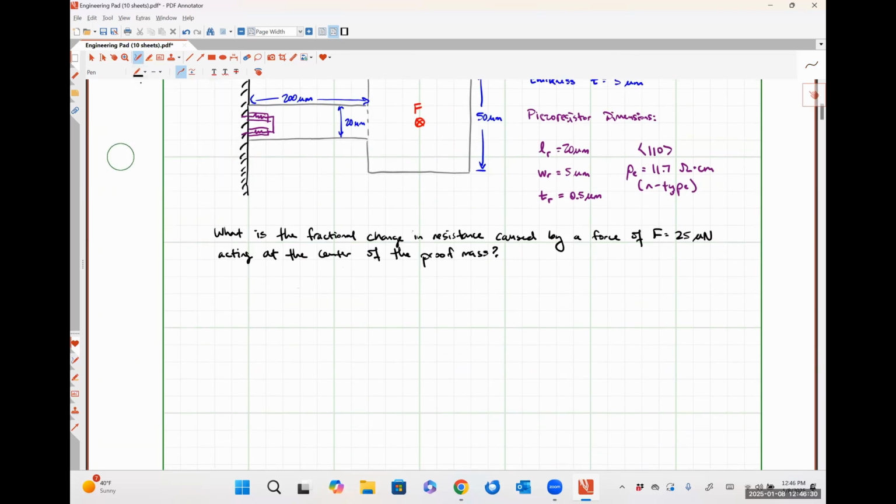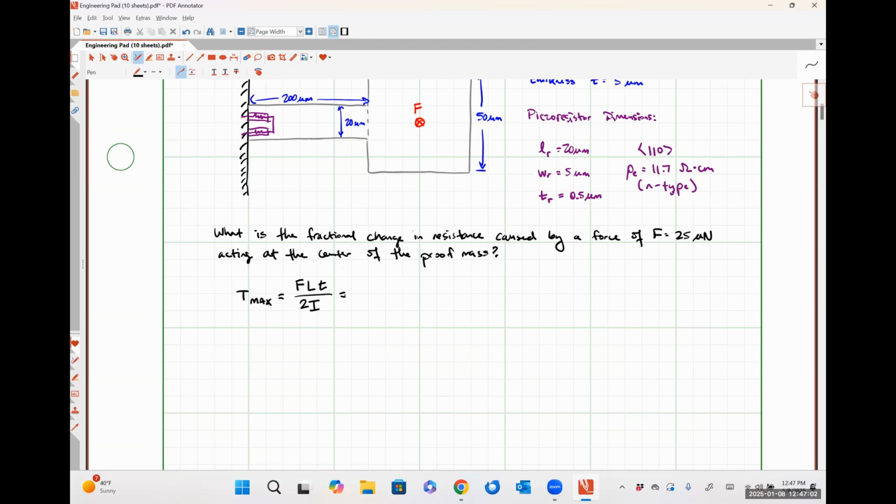So what would our maximum stress be? So going back several lectures at this point, the maximum stress for a cantilever beam is given by the applied force times the length from the anchor point at which our force is applied times the thickness of our beam divided by twice the second moment of inertia for our beam.